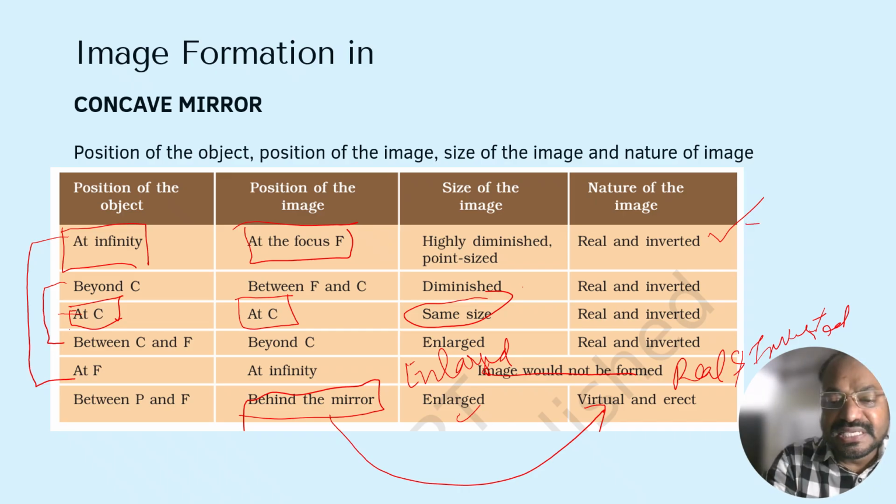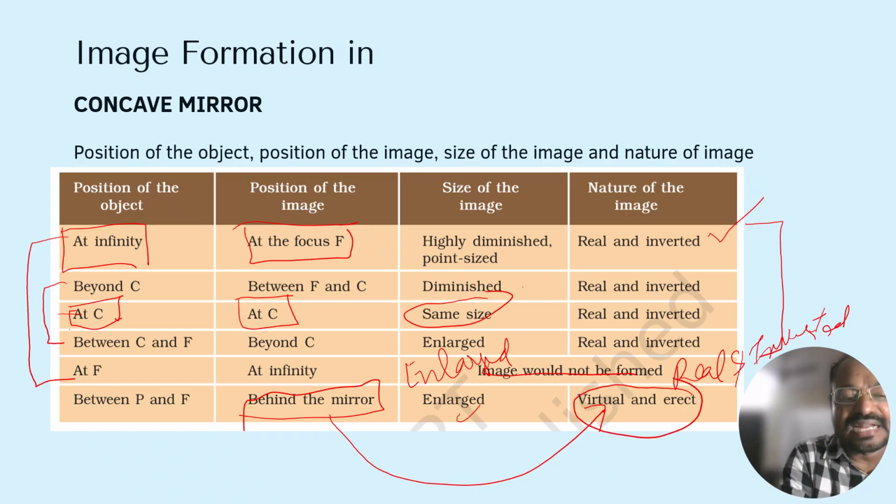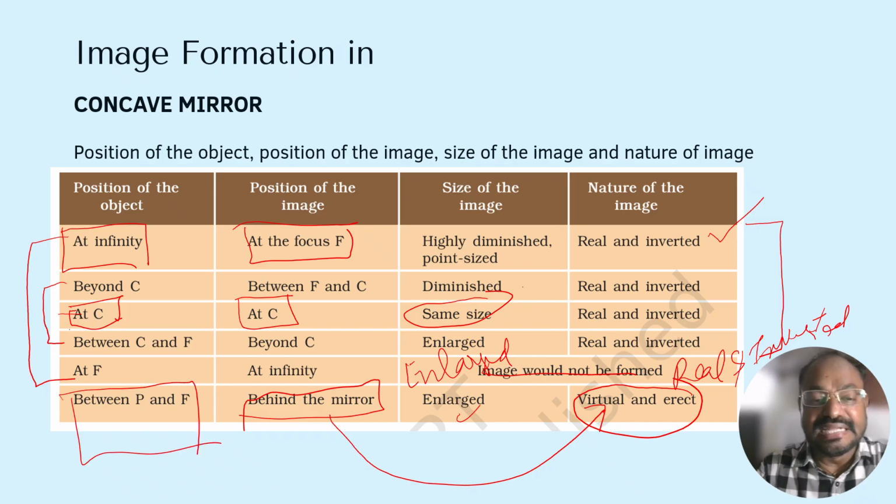All these five images will be real and inverted. The only image which is going to be virtual and erect is between P and F, obtained behind the mirror. So this table is interesting to learn, and with this prior knowledge, we will go inside each ray diagram for your better understanding.